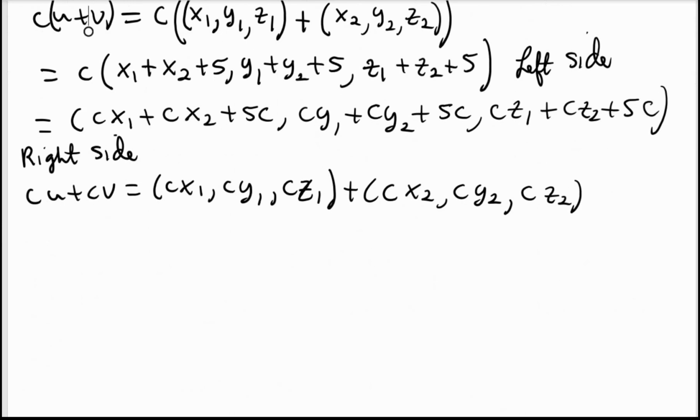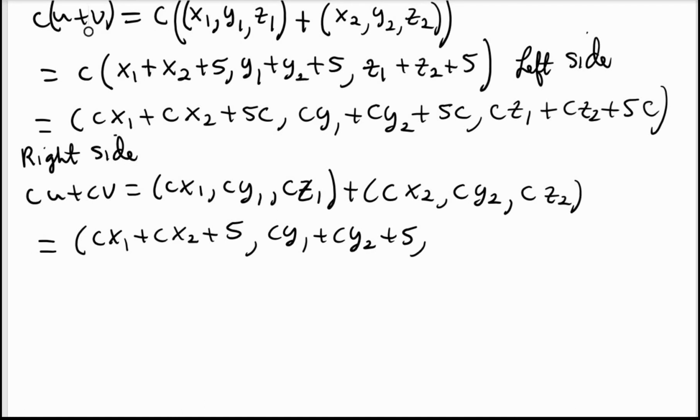So now we add here. So this is c x sub 1 plus c x sub 2 plus 5, comma, c y sub 1 plus c y sub 2 plus 5, comma, c z sub 1 plus c z sub 2 plus 5.